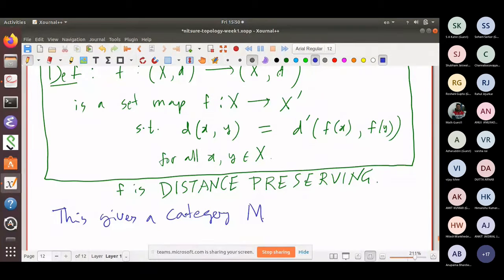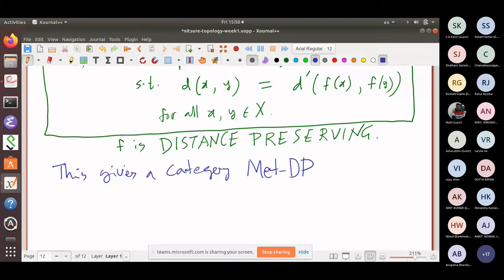Before I jump to the conclusion that it's a category, I have to check certain things.